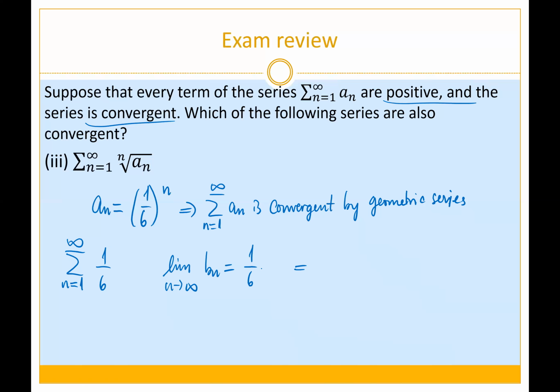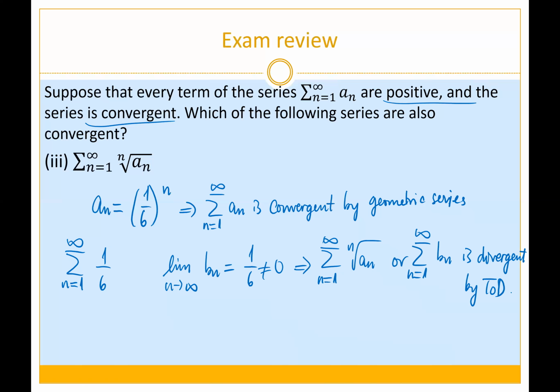And based on the previous example, you can say this series is divergent by test of divergence. So if there exists one series that makes this situation not convergent, then it means that this statement is wrong if you say it's convergent.